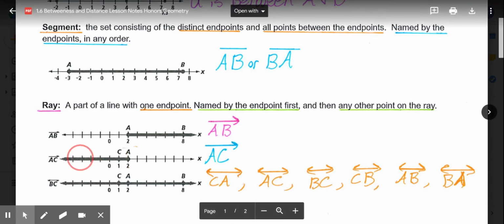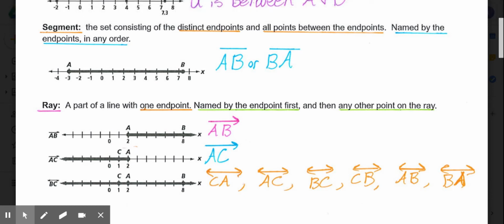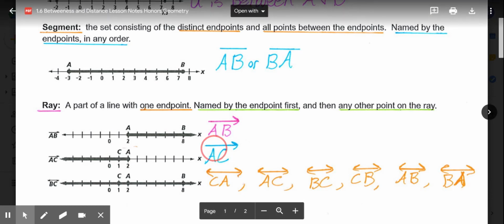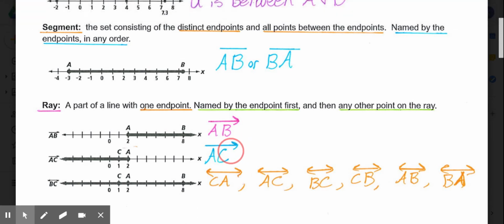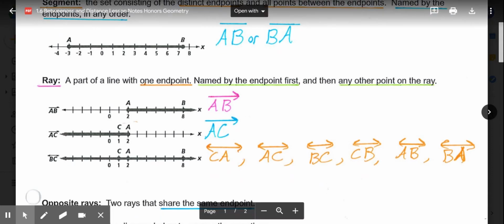Even if the ray is drawn going to the left, like this one, starting at A towards C forever, we still put the symbol going toward the right, and we start with the endpoint, so it'd be ray AC. And then our bottom example here, we have line BC.